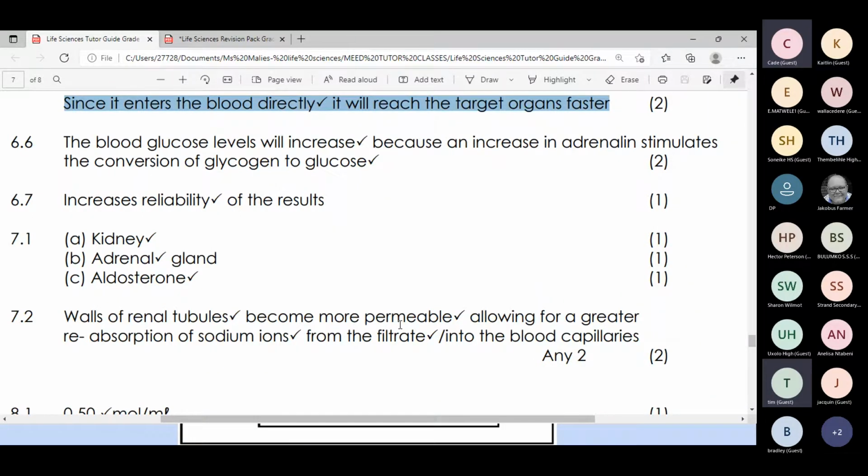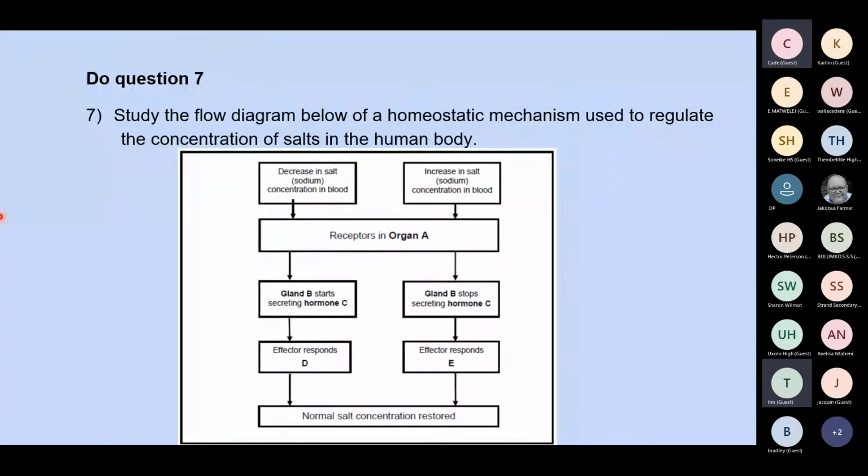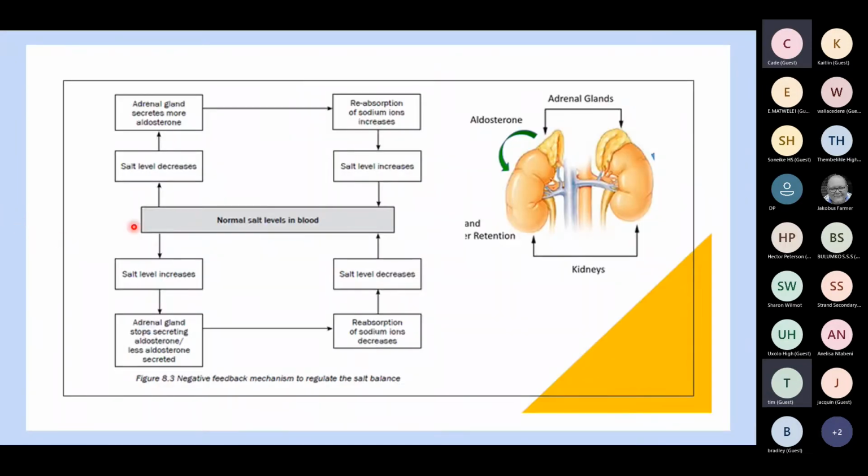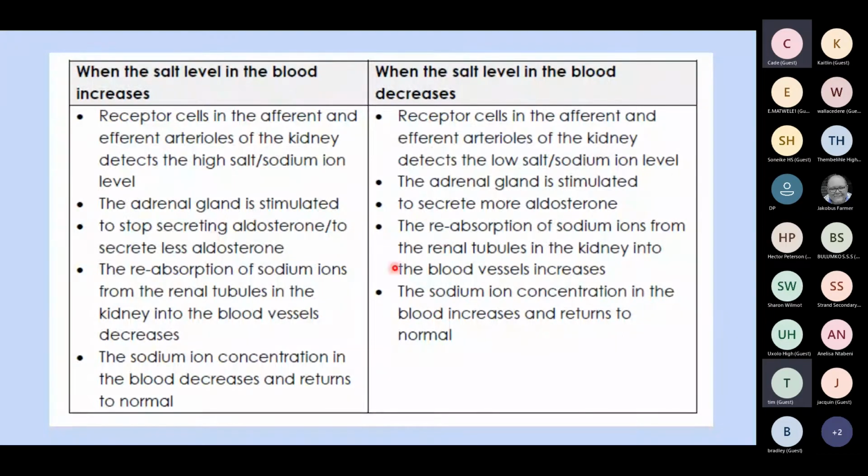Salt levels were less, so more permeable, allowing for greater reabsorption of sodium ions from the filtrate into the capillaries. Now, grade 12s, let me refer you back to the response, this bullet.